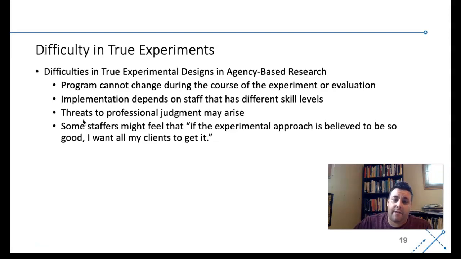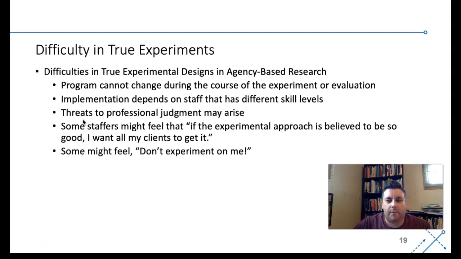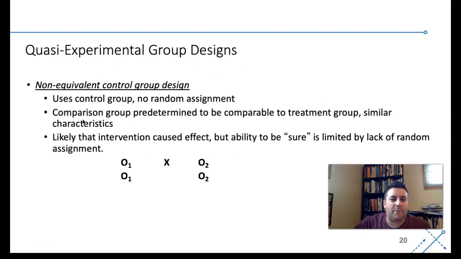I've also seen lots of staffers in agencies just give everyone the experimental treatment because they believe it's better, and not give anyone the control condition, and that effectively undermines the research as well. And then of course there are people who are resistant to participating in experiments, and that's fine. It just means we have to account for the fact that some people don't want to participate in research.